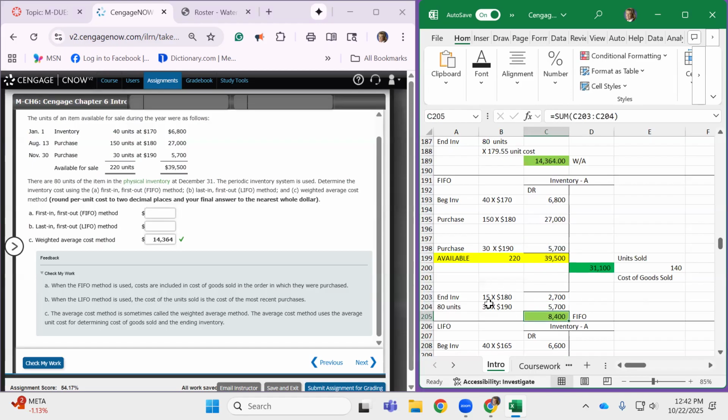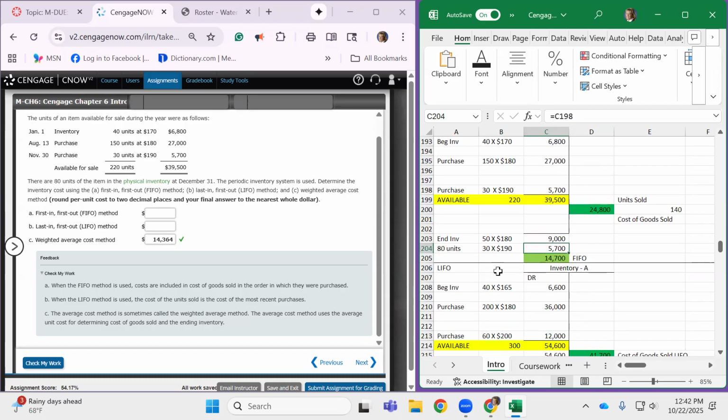And then we need 50 items still sitting here of the $180 cost. So 50 items. There's 50 items at the $180 cost.